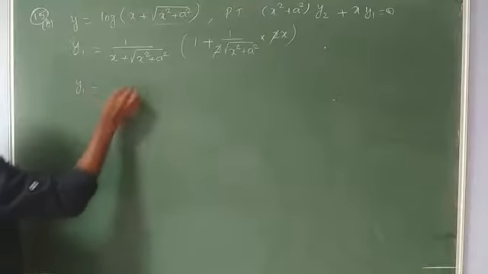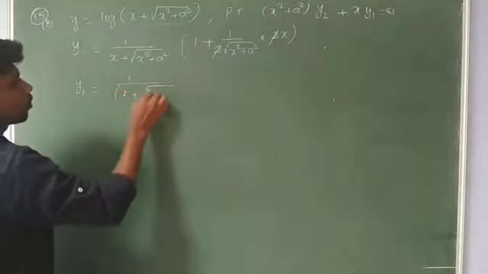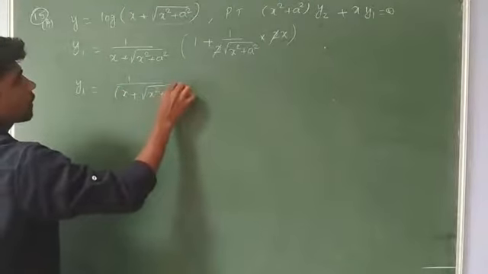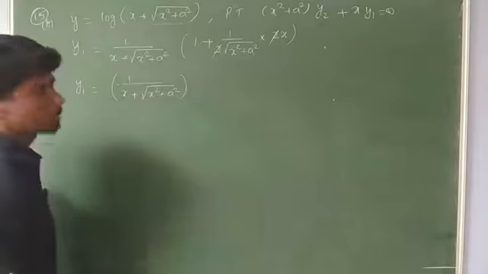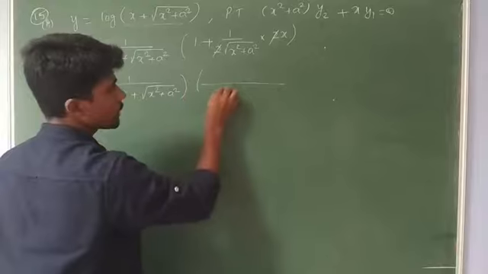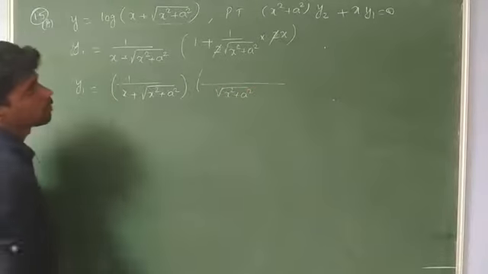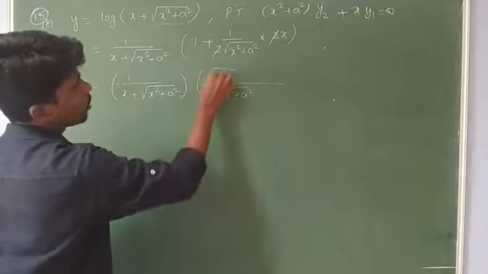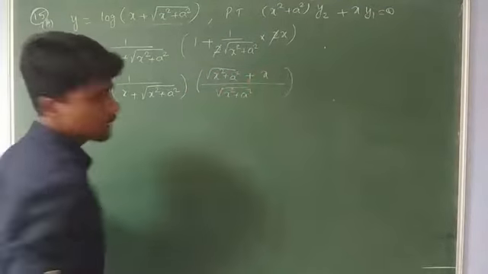y1 is equal to 1 by x plus root over x square plus a square into, take LCM as root over x square plus a square, right? What we get, root over x square plus a square plus the remaining part x.